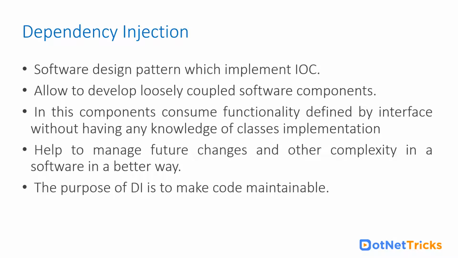The example is here: nowadays we have so many vendors providing payment gateway API, SMS gateway API, email gateway. At any moment, you are able to use any vendor API. That is a dependency. Whenever a dependency is required, we can inject it into our system and start using it.